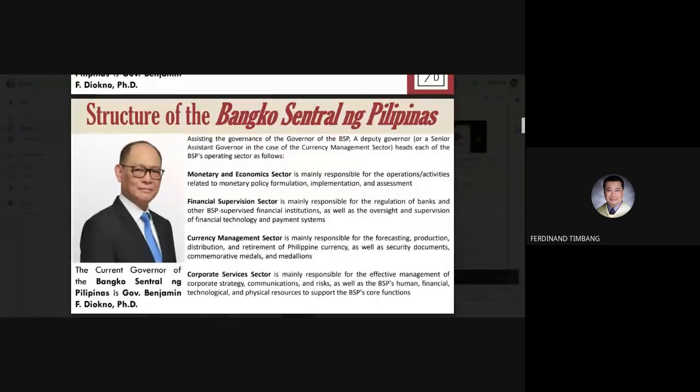And then this old money, old bills or coins, distorted coins, it will be sent to the BSP para mag-produce ulit ng panibagong pera, no? So they are actually the one producing the money. Pero ang alam ko, ang papel binibili from other country. Hindi dito galing ang papel.